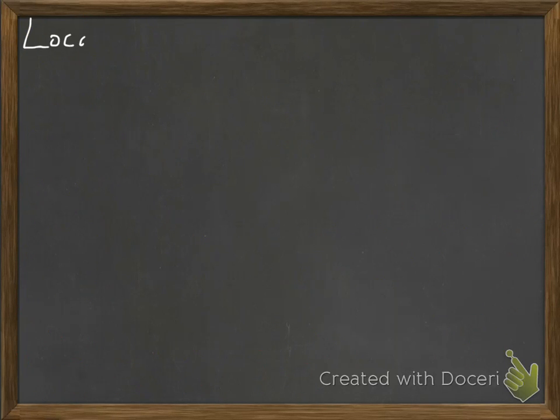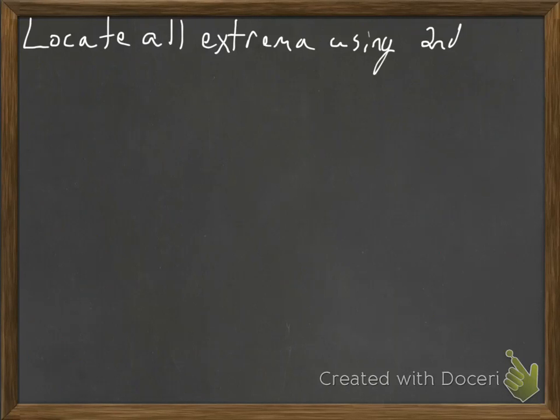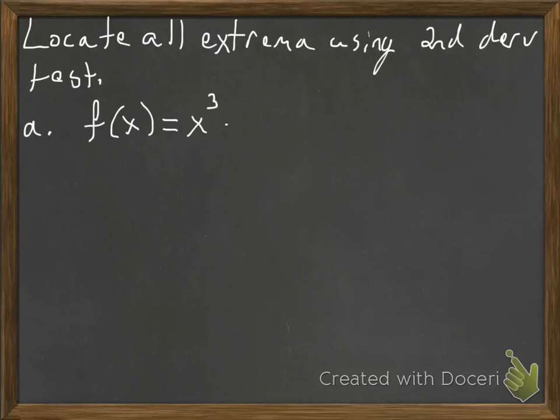Let's do an example. We're going to locate all extrema using the second derivative test. So we'll look at the function f of x is equal to x cubed minus 4x squared.